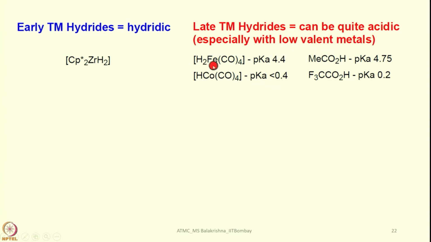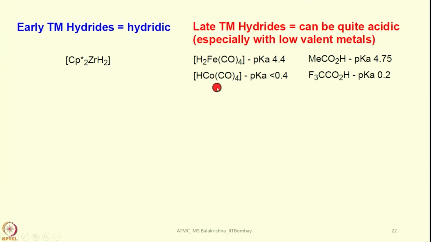If you can see here, H2Fe(CO)4 is there, pKa is 4.4, and here iron is in the +2 state, and when you look at this one, the pKa of a typical acid is 4.75, so it is almost comparable.